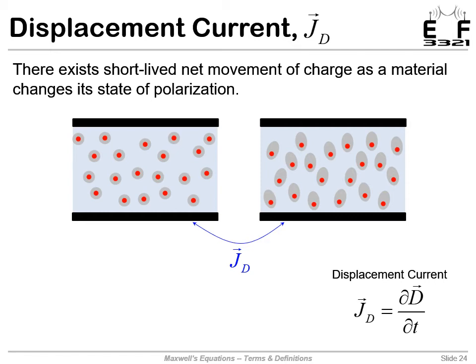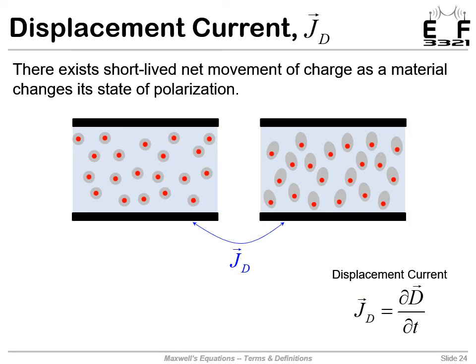And so the displacement current is the change in the electric flux density. Remember, that's the all-inclusive term that includes the outer space electric field plus the displaced charges, the electric polarization of the material. So anytime our D field is changing with respect to time, that gives us a displacement current.